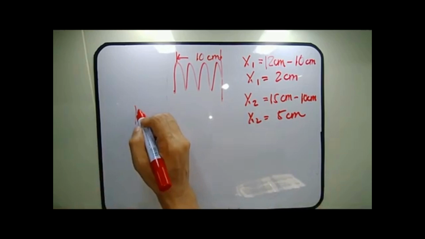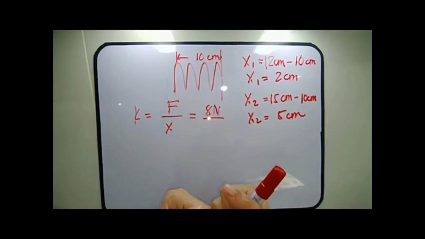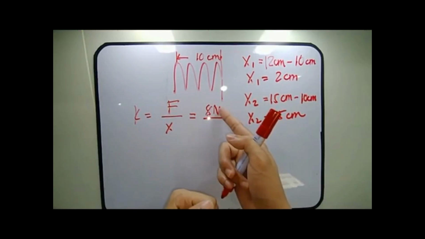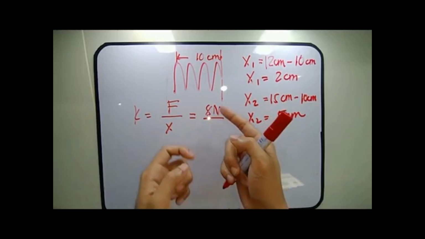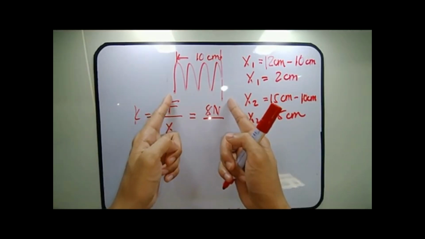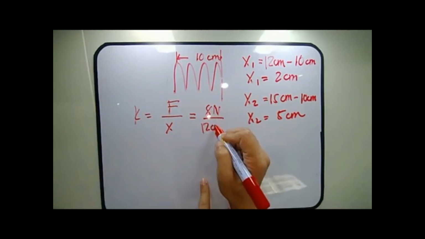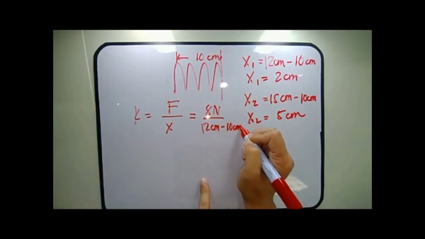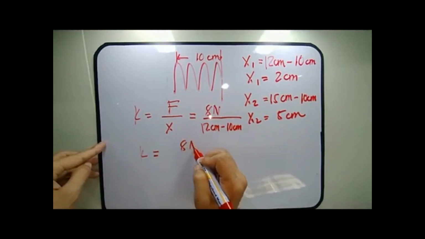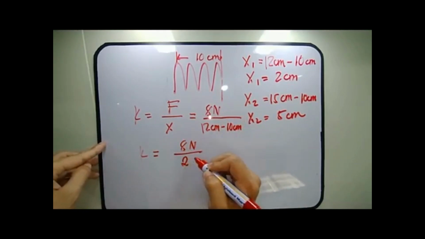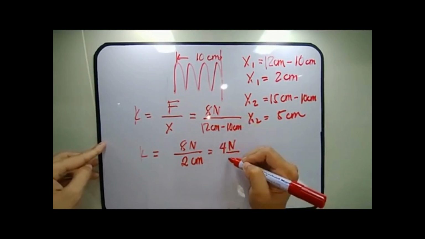Therefore, our K is force over the elongation. If our reference length is 10 cm, and the total length is 12 cm, therefore the elongation is 12 cm minus 10 centimeters. So, K will be 8 newtons all over 2 cm. So, that is 4 newtons per cm.